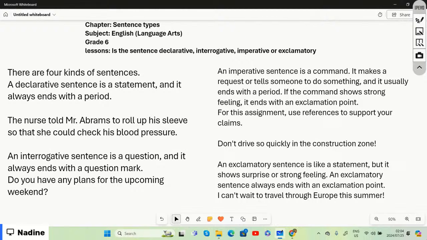Our lesson is where we say, is a sentence declarative, interrogative, imperative, or exclamatory? We're going to find out about the four different kinds of sentences and how we can use them.